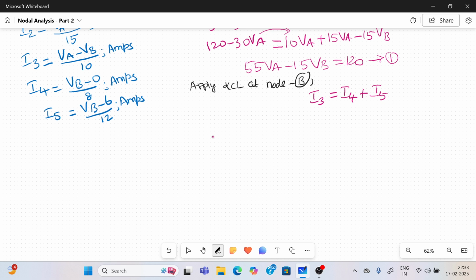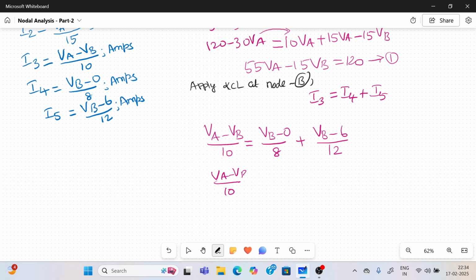I3 is (VA minus VB) by 10, which is equal to I4, which is (VB minus 0) by 8, plus I5, which is (VB minus 6) divided by 12. Okay. So what is the LCM? Here 2, 4, here 3, 4. So 24, right? You have to take LCM as 24.